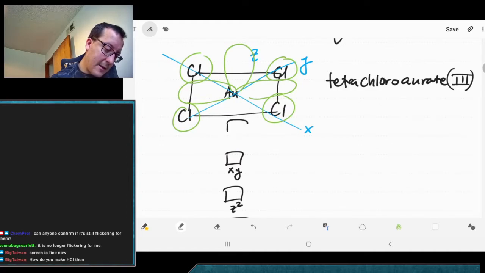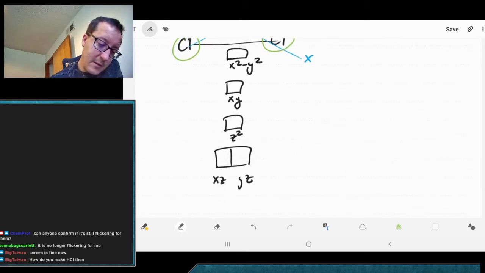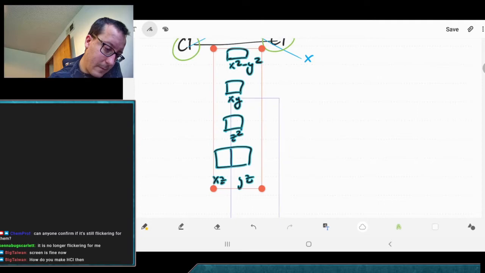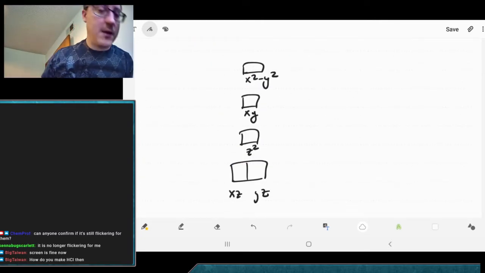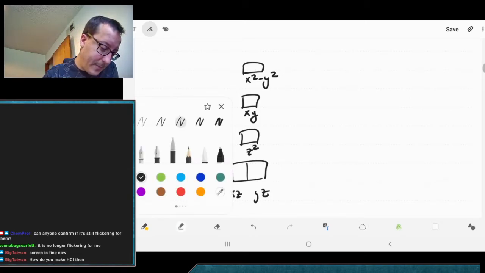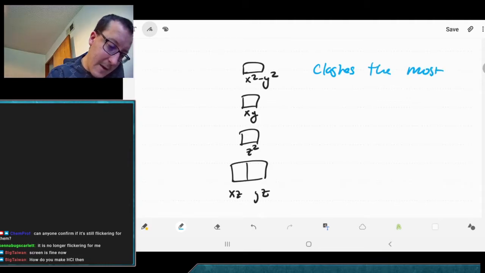And then the highest energy will be x squared minus y squared, which is right along those axes, and that's going to collide with your chlorides right there. So I'm going to move this down a little bit. We actually have different energy levels for all of these. So this clashes the most, and this will clash the least.